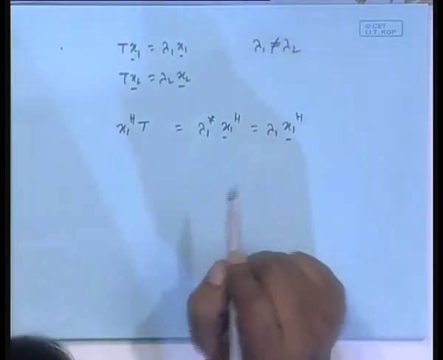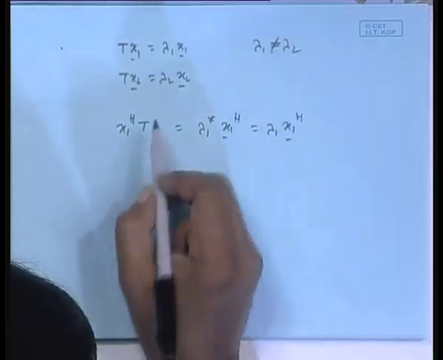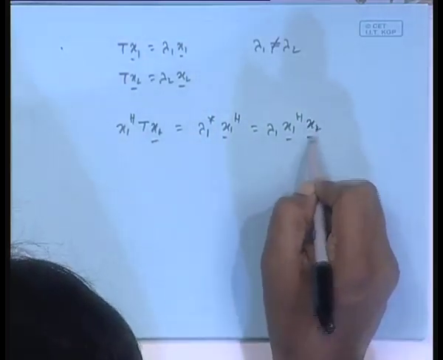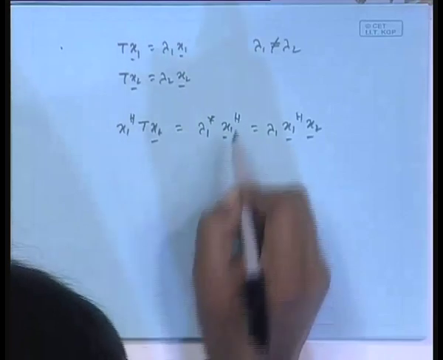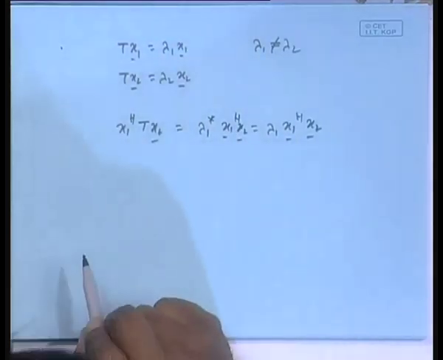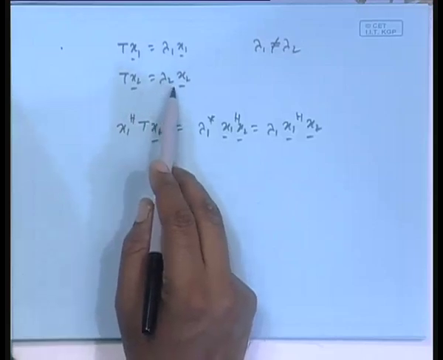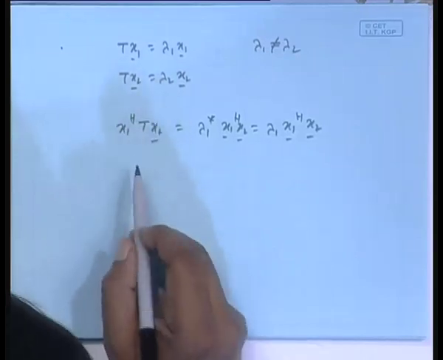Now on this side I multiply by x2, here also. Now, T x2 is from the second equation lambda 2 x2. So, take that out.